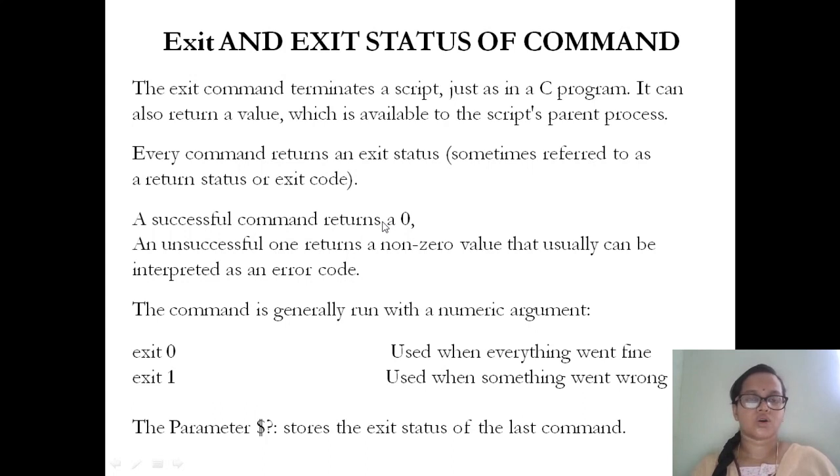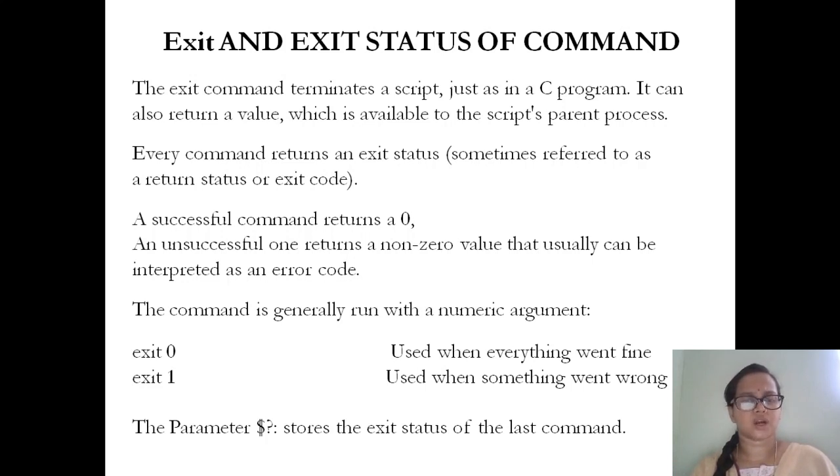Coming to the last topic, that is exit and exit status of a command. The exit command terminates a script. Just as in your C program, it can also have return values which are available to the script's parent process. Every command returns an exit status, sometimes referred to as a return status or exit code.